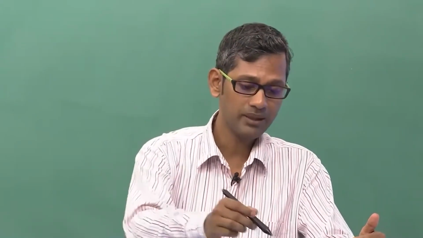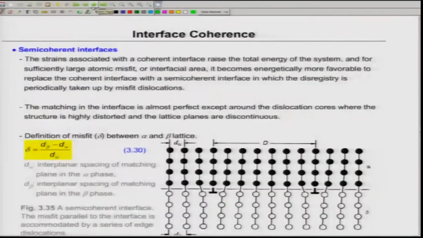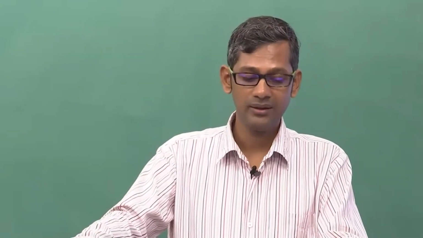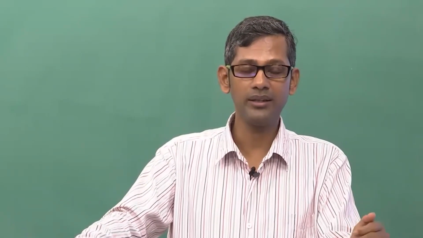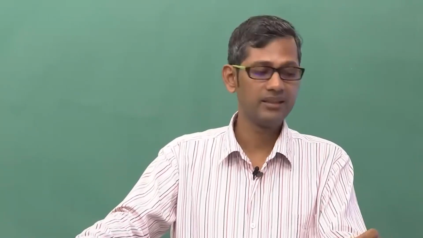The system will try to attain such a configuration in order to reduce its energy, but in many cases it may not be possible. Okay, that is what I am showing here. So let us stop here, and we will carry over the discussion about coherent, semi-coherent and incoherent boundaries in the next lecture.